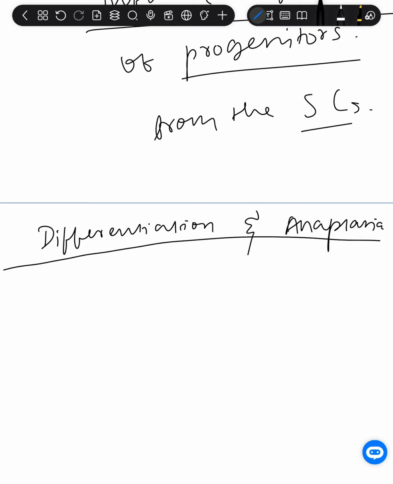It's always differentiation and anaplasia. Why is it not anaplasia alone? That is because the answer lies in the definition of anaplasia. Before understanding the definition of anaplasia, you need to understand what differentiation actually means.